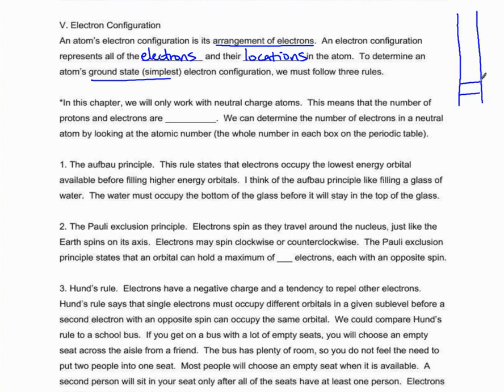So here's a basic ladder, and here's the ground. As far as the amount of energy that an orbital has, or an electron, it could correspond with the rungs of a ladder.